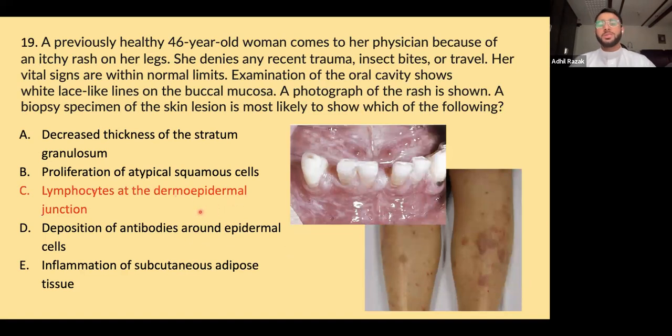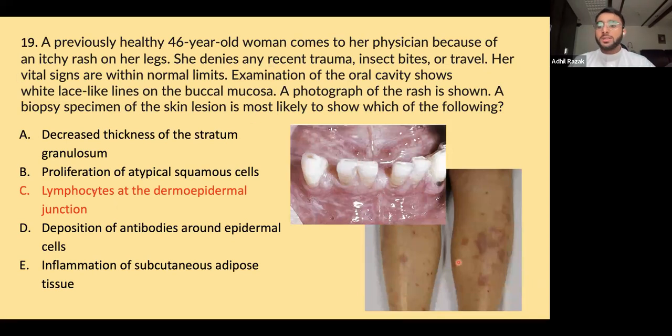Lymphocytes at the dermo-epidermal junction, interface dermatitis, very characteristic of erythema multiforme and lichen planus. Interface dermatitis is pretty much lymphocytes at the layer between dermis and epidermis. When you see that, it is lichen planus or erythema multiforme. But with this patient, you can see that this is polygonal, pruritic.